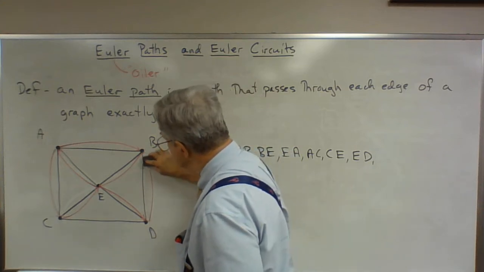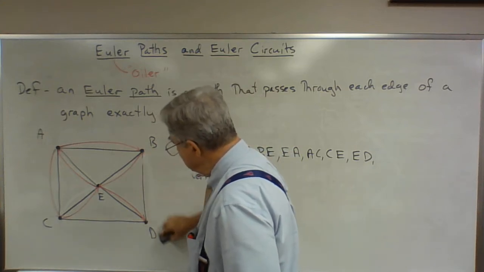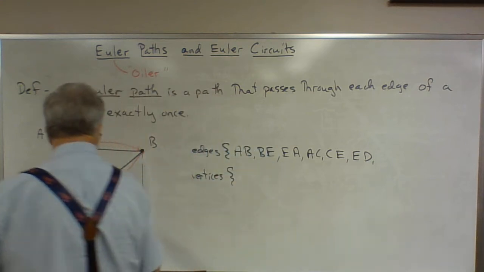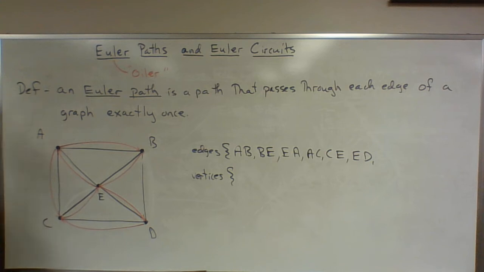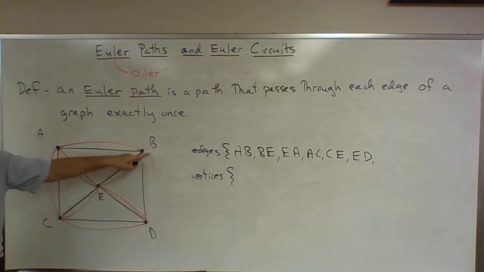So I can't go this way, which means that I have to go on this edge instead. But now when I get on this edge, I'm stuck at vertex C. I can't leave vertex C without traveling across an edge that I've already passed through. So I can't leave vertex C, and yet I haven't passed through this edge yet.